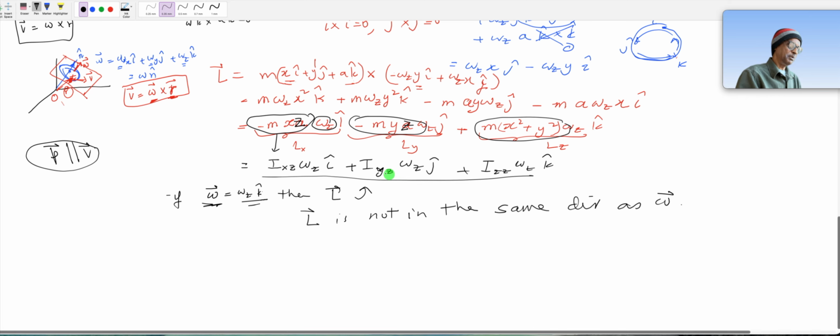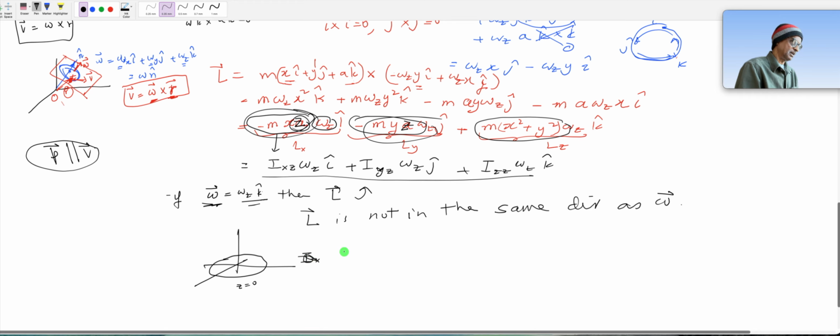Now when is it parallel? If we had a situation in the xy plane, then z would always have been 0. In this case a would have been 0, and so this would have been 0, and this would have been 0. So L would have been completely m (x squared plus y squared), that's the radius squared, times omega z k hat.